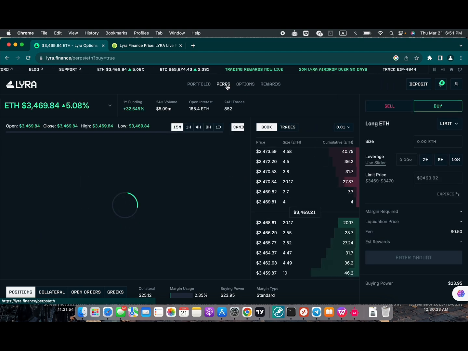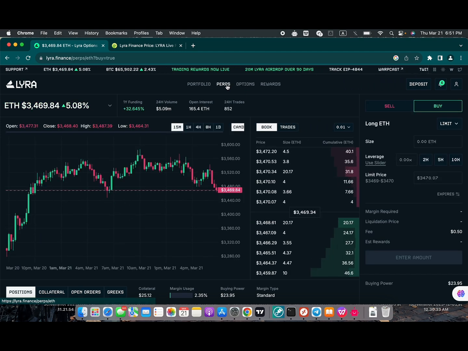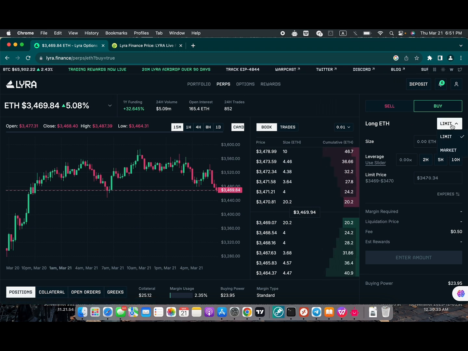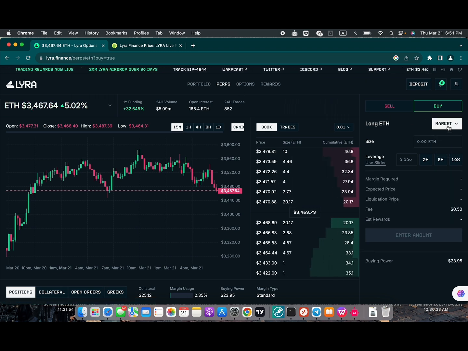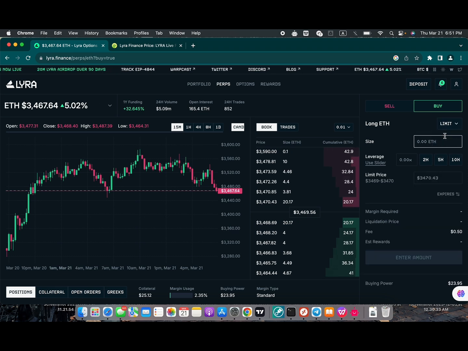So I said in the definition you need to hold an asset. We don't hold it right now, so we need to go on the market. It doesn't matter whether it's limit or market orders. Our order will still be taken because people are buying actively.